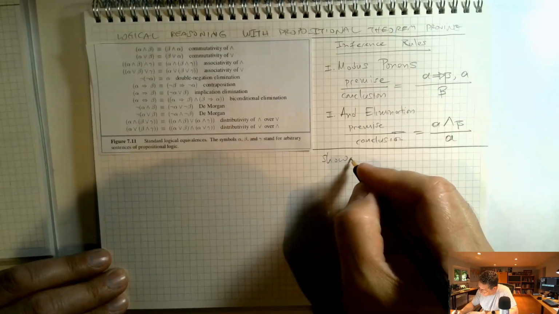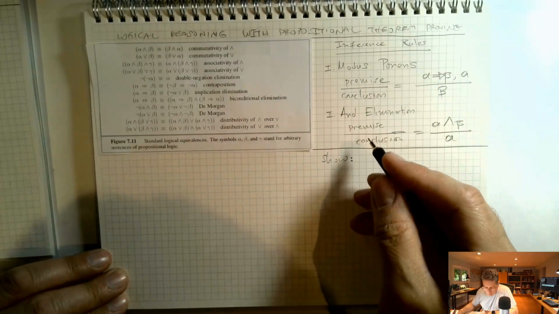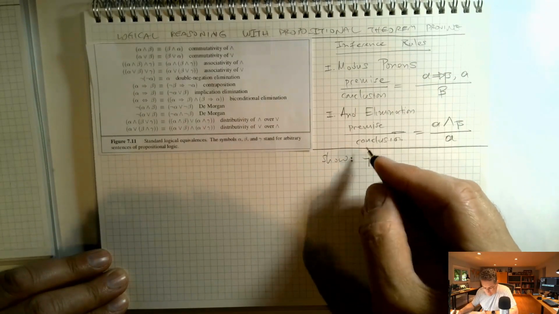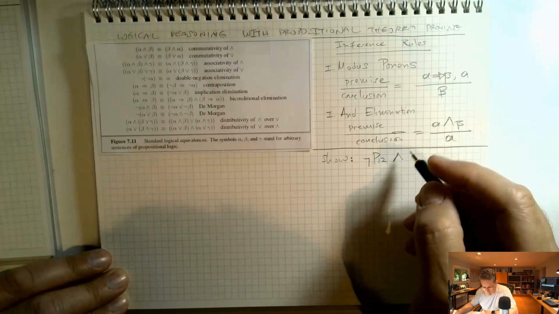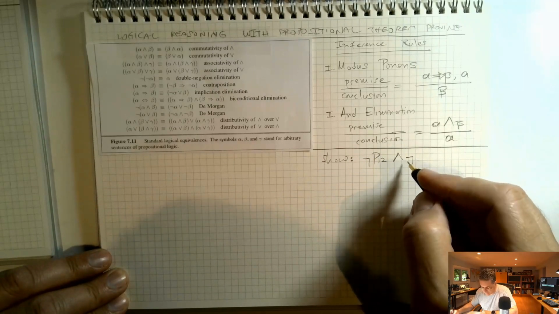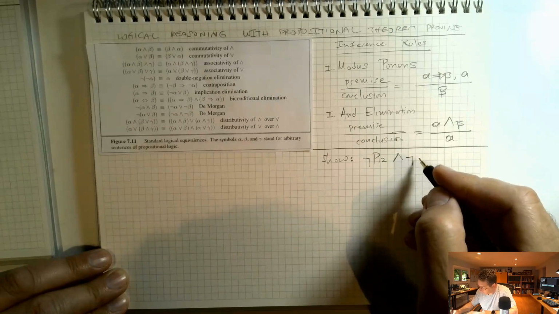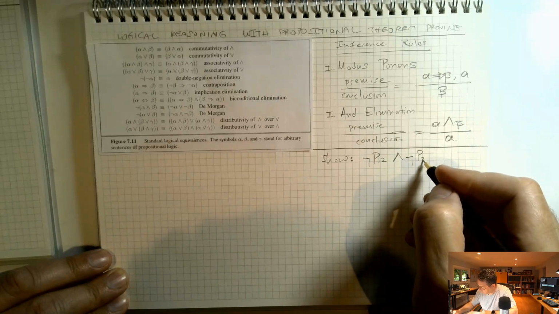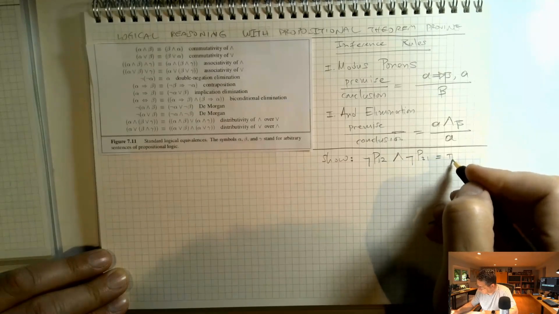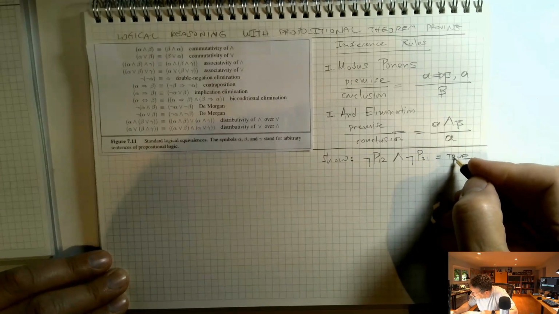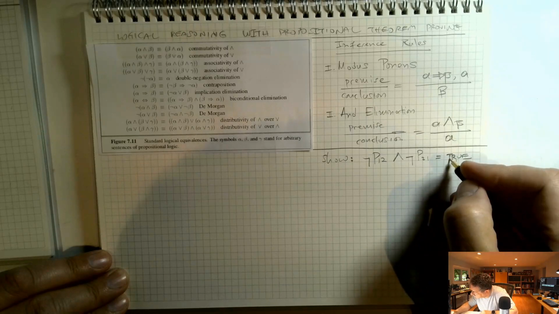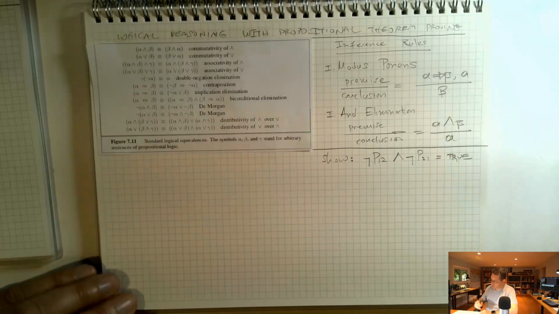Now the query comes: what we need to show is that negative P12, this is again from the Wumpus world, and negative P21 is true. So this is basically what we need to show.